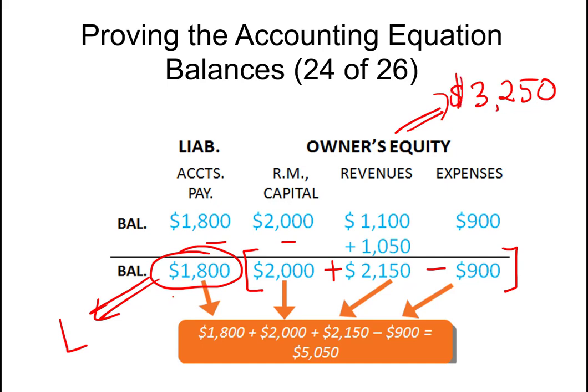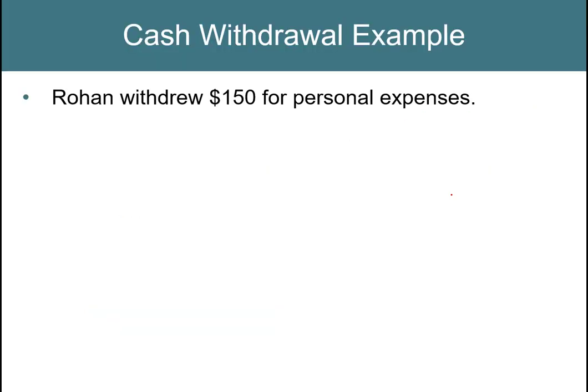If you add up liability and owner's equity, this gives you a new value of 5,050, which is equal to the amount of total assets.